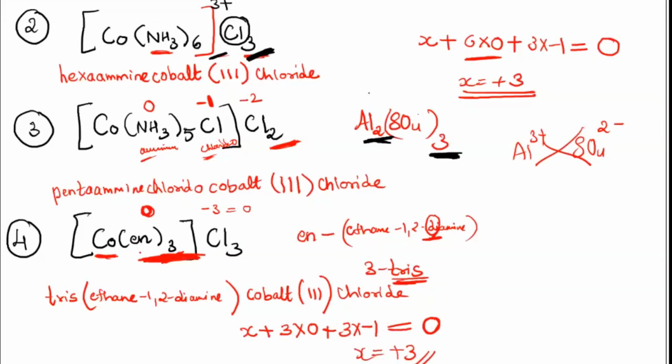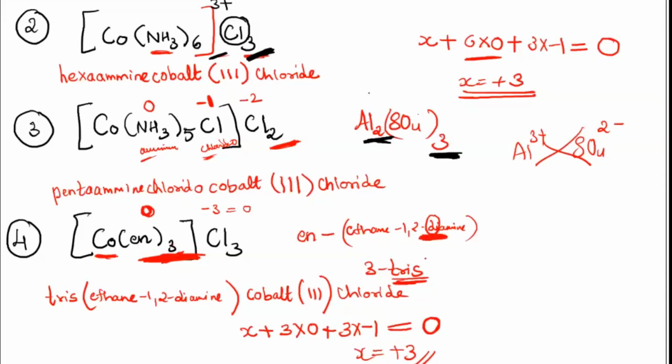Yeah, fourth one. See, charge is understood now. So now see the name. How to write the name? Since en is a didentate ligand, which already has di in the name, the di prefix is already used, so you can't use that same prefix. I told you in the fourth rule, you should make use of a new term.